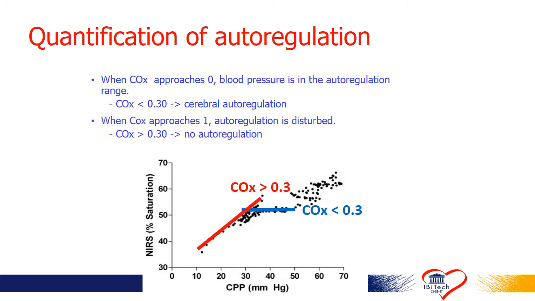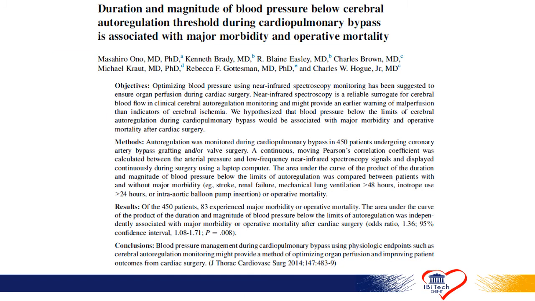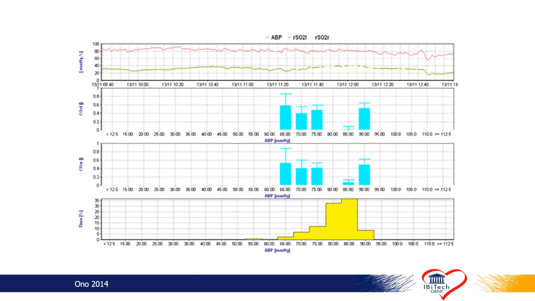However, as we come in a situation where the oxygen saturation in the brain becomes dependent on the pressure, then we have a very steep slope and we have a COx index of more than 0.3. And it was Masahiro Ono who was the first to show that when you maintain within this autoregulation region, in this patient, as you can see, the COx index here is below 0.3 in the region of 80-85 millimeters of mercury.